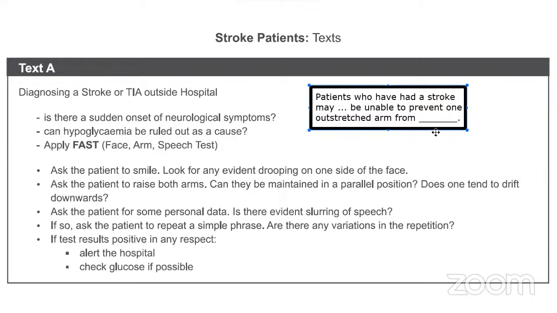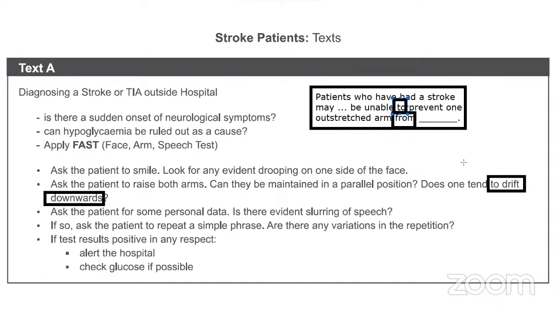Drifting downwards. Here, the clue is to drift downwards. But in the question, "to" is not there; "to prevent" is already there. To is already there.